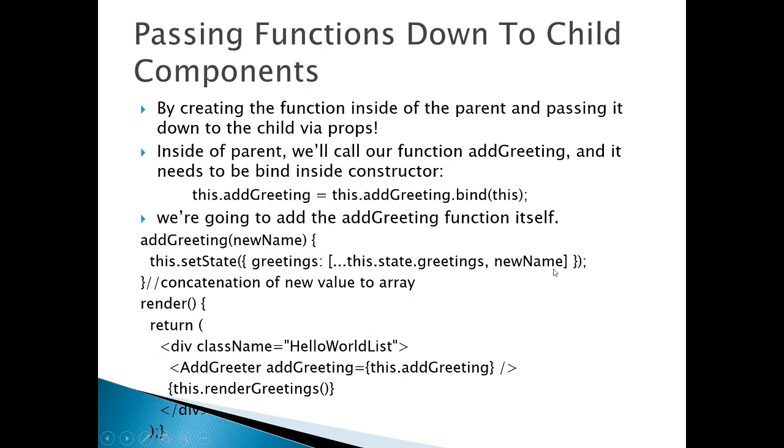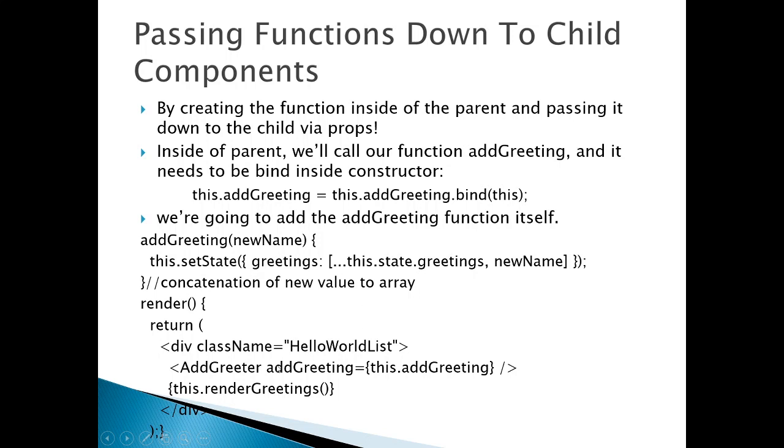Keep in mind, this is a new way to concatenate an element to the array. So greeting is an array, and along with all the array elements, there is the spread operator dot dot dot. With the spread operator we are adding another element. This is the same as array dot push. So we are concatenating a new value to our array.